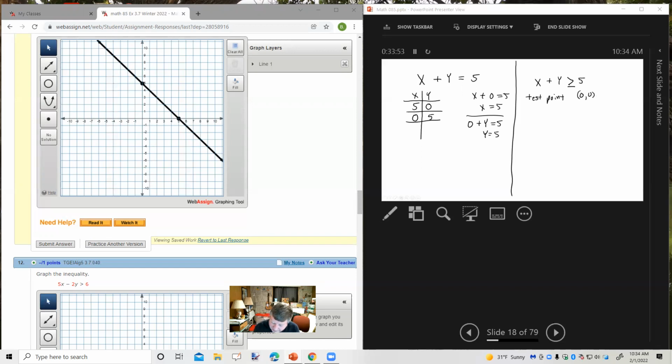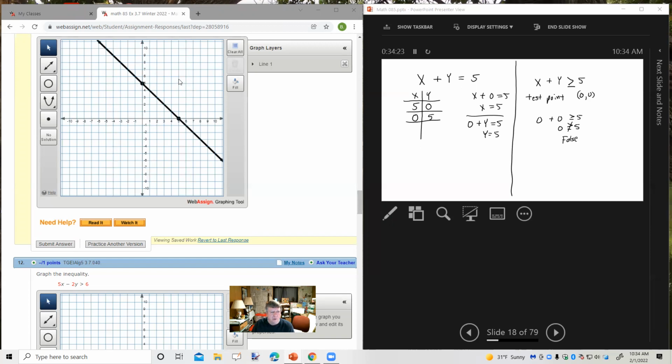I'm going to plug that into my inequality and see what I get. 0 plus 0 greater than or equal to 5. 0 greater than or equal to 5. That is a false statement, right? So the test point fails. What that tells me is that I am not going to shade below the line, the area that contains 0, 0. Therefore, I'm going to shade above the line.